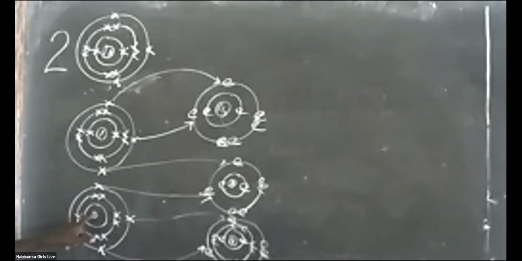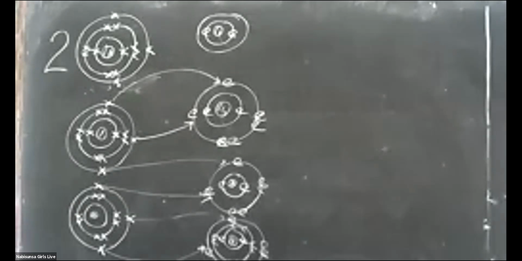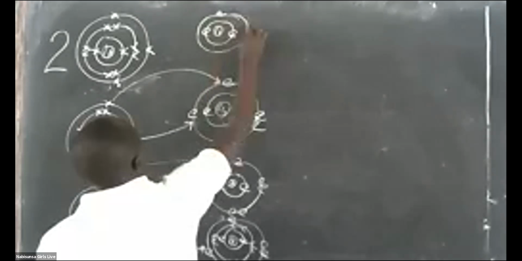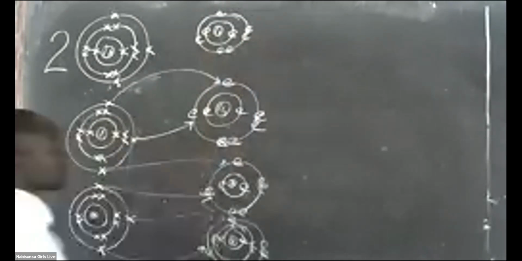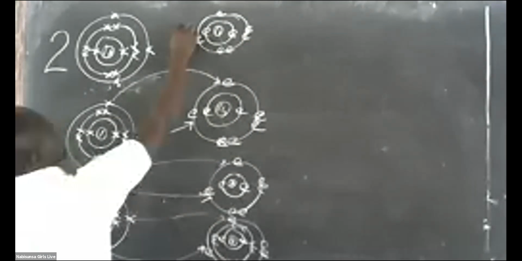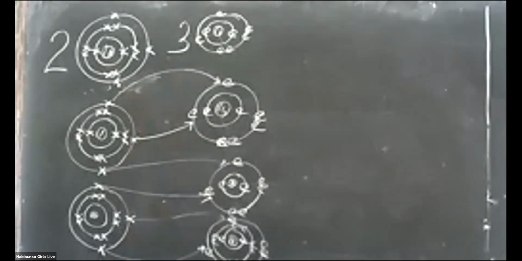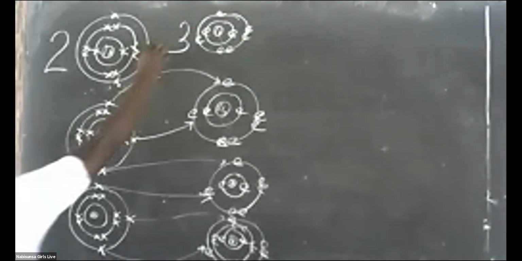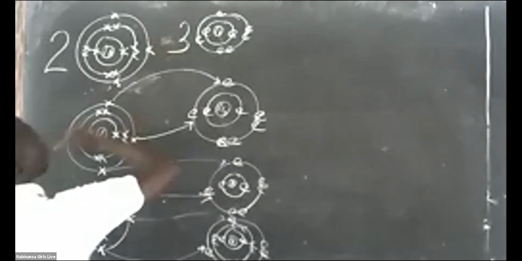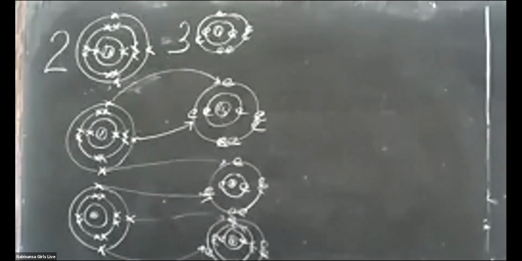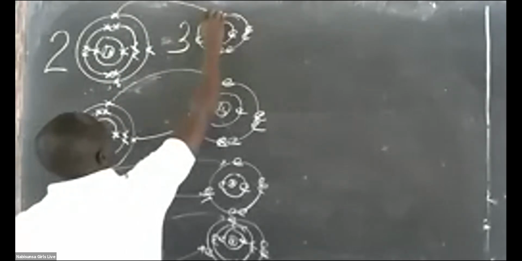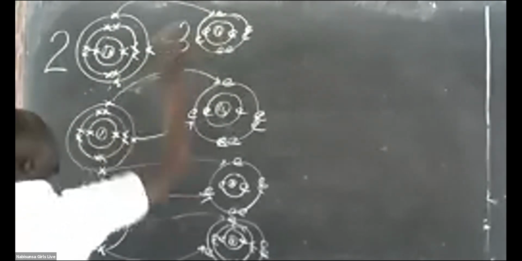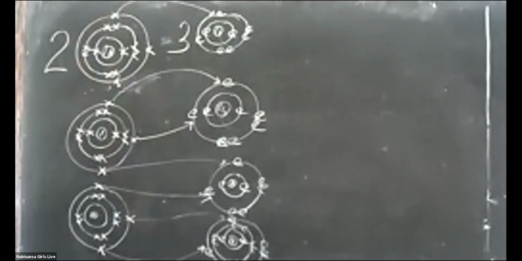This is oxygen. I am saying oxygen is the nucleus, the outer energy level, and it has how many electrons? 6 of them: 1, 2, 3, 4, 5, and 6. But how many are they? They are 3. So when these come together, there is going to be electron transfer. You can show one of them, or even show another one and write electron transfer.